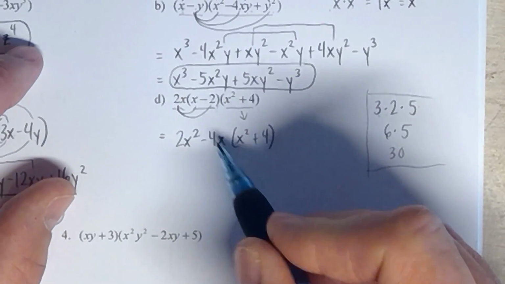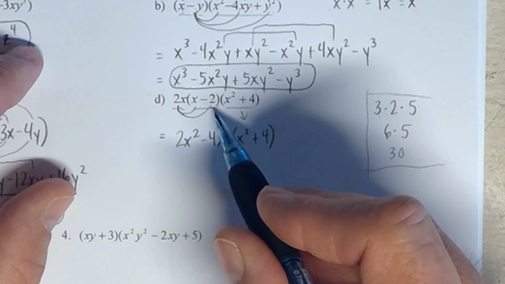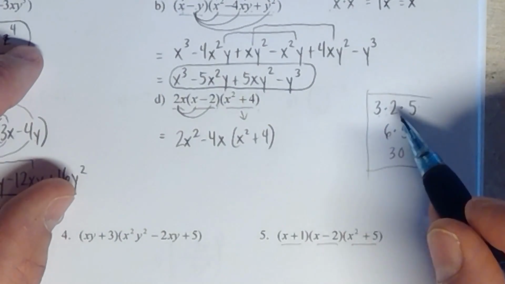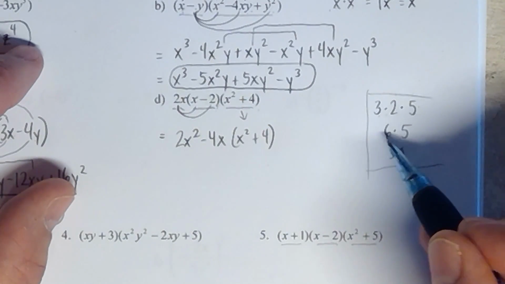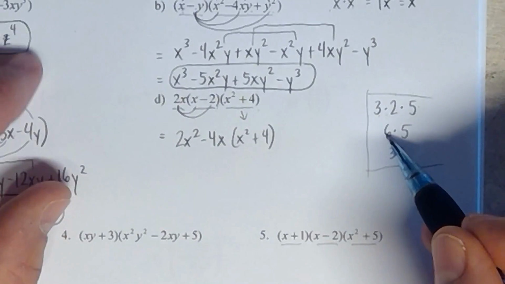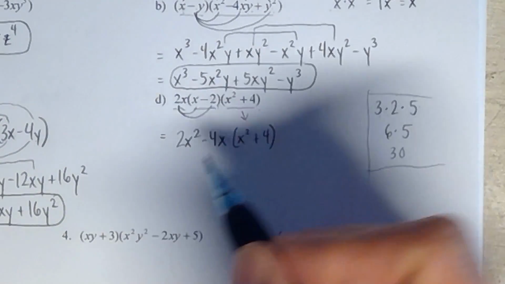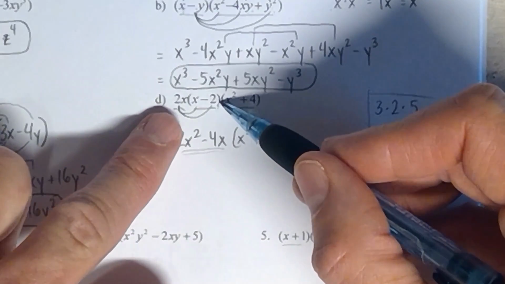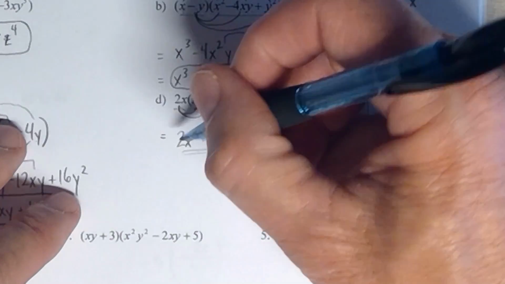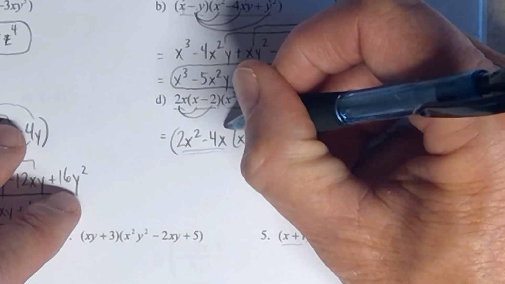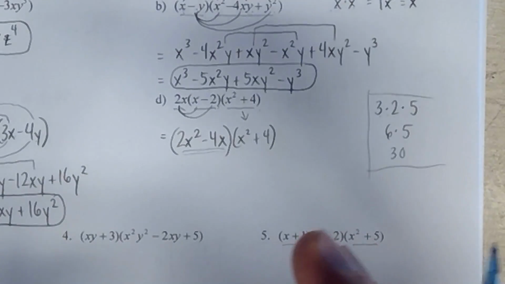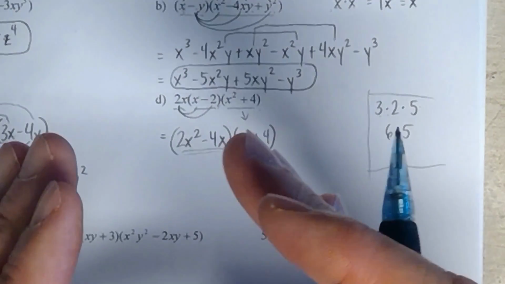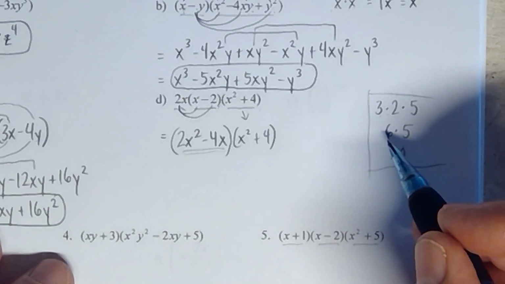Notice that there are 2 terms in the answer I got from the first 2 parts. Unlike over here, when I multiplied and just got a single term, 6. That's different. You didn't need to do anything different there. But because there are 2 terms in the answer you got from the first 2 things you multiplied, you have to put a bracket around it. The key thing here is more than one term, as opposed to just a single term.